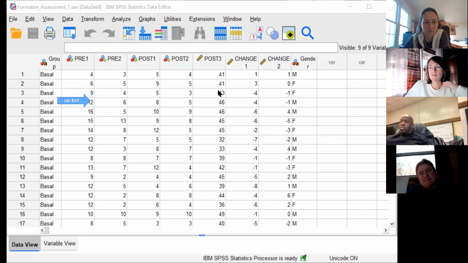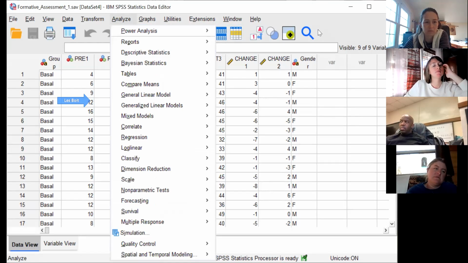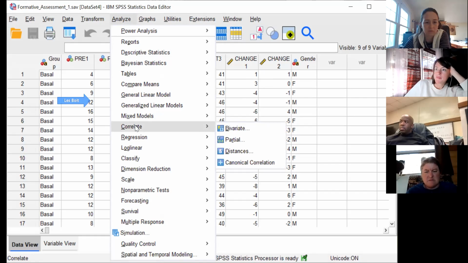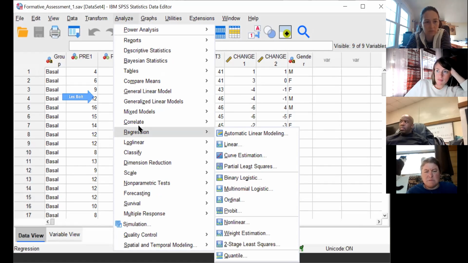So in order to do pure correlations in the pull-down menu, we have 2 different menu sets here: correlations and regression.